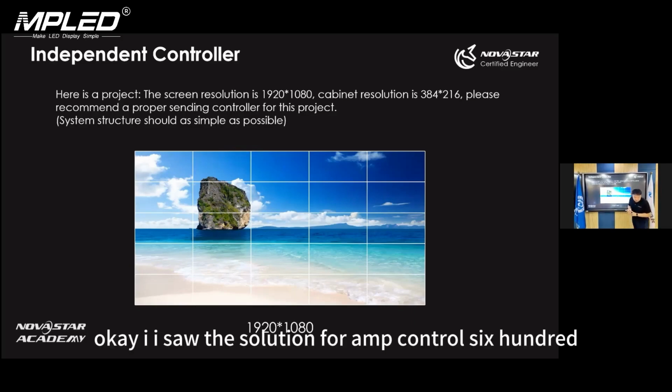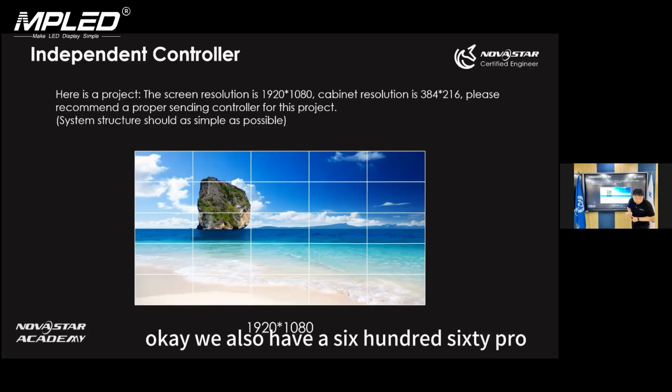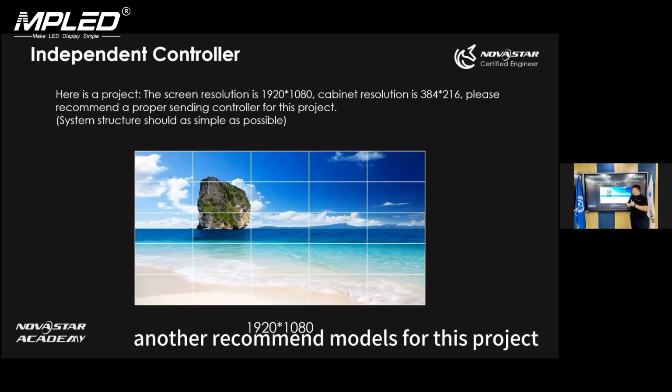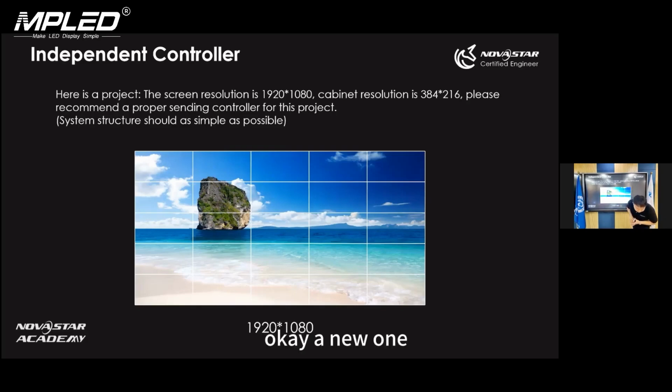Okay, I saw a solution for AMP control 600. We also have a 660 Pro or 700. Any other recommended models for this project? Okay, a new one: 600, 660 Pro, 700.